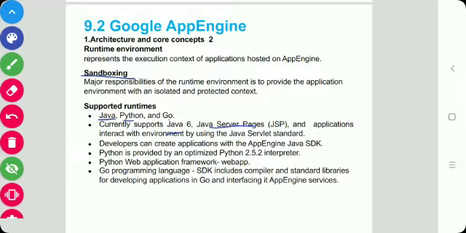For Python, support is provided by an optimized Python 2.5.2 interpreter. The Go runtime environment allows applications developed with the Go programming language to be hosted and executed in App Engine.